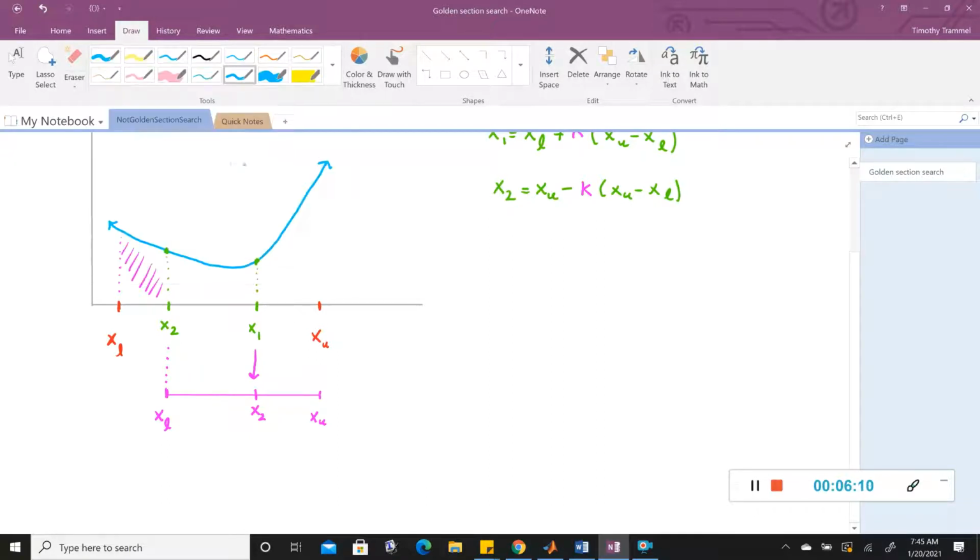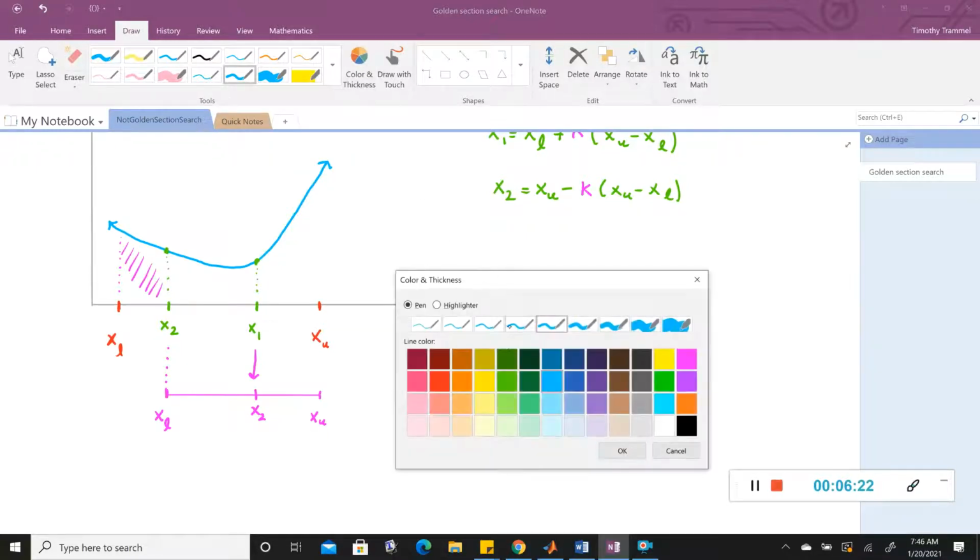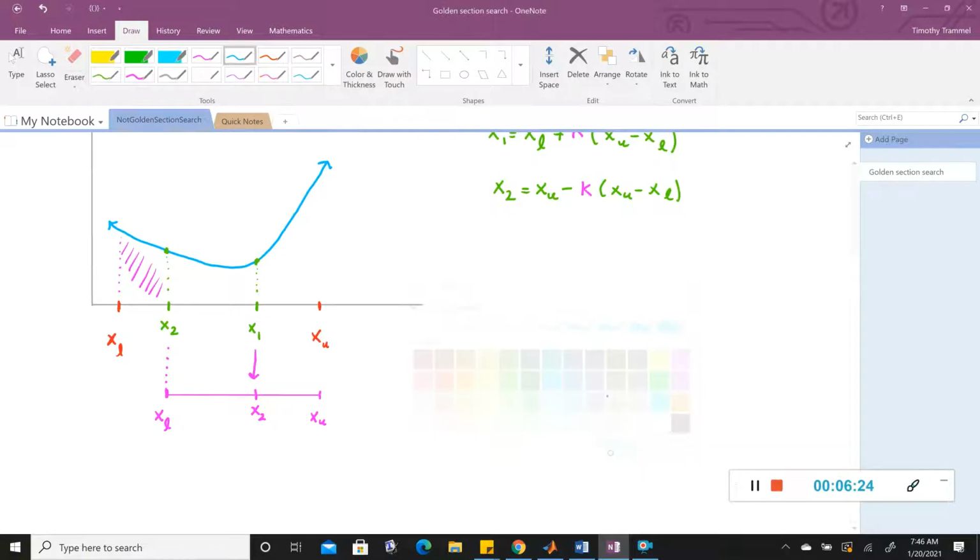Switch to blue. All right, so let's write down one of the equations we already had, which was about x1, and we're going to write two equations here about x1. One of these, again, is just the original, so x1 is equal to x lower plus k times x upper minus x lower.